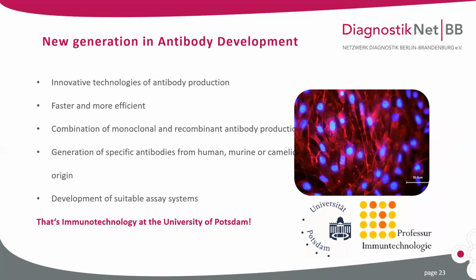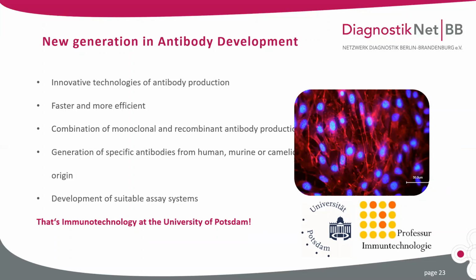The University of Potsdam, one of our members, especially the professorship for immune technology, is able to implement innovative technologies for antibody production. This is faster and more efficient, so very useful in rapid progress for R&D projects.